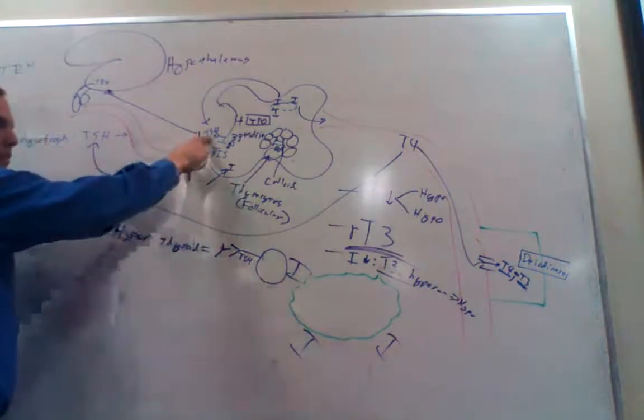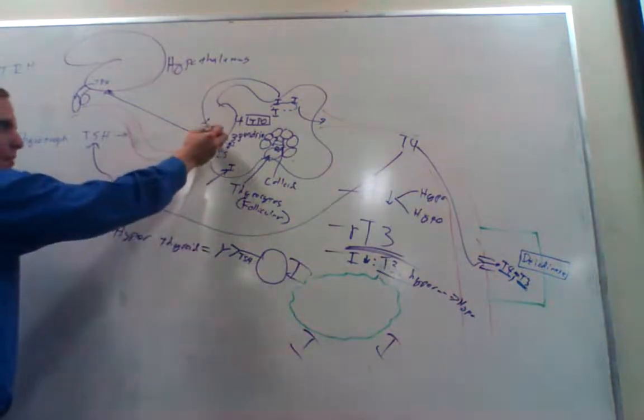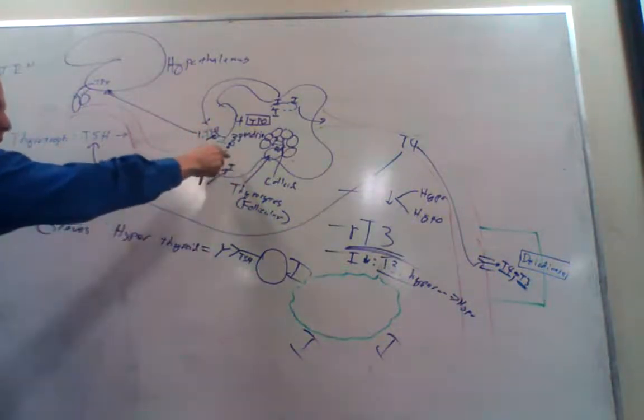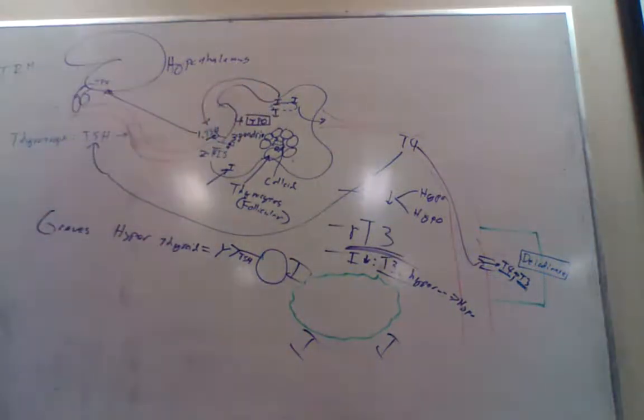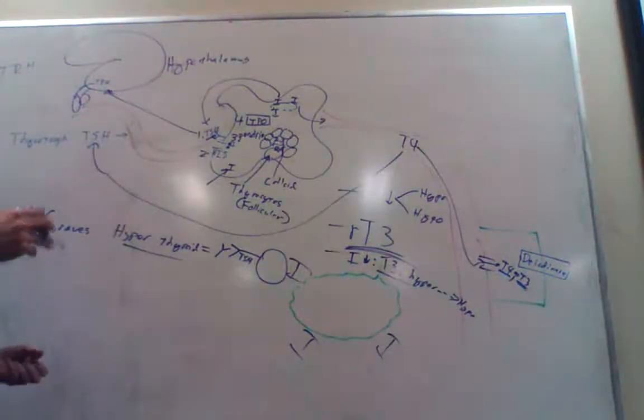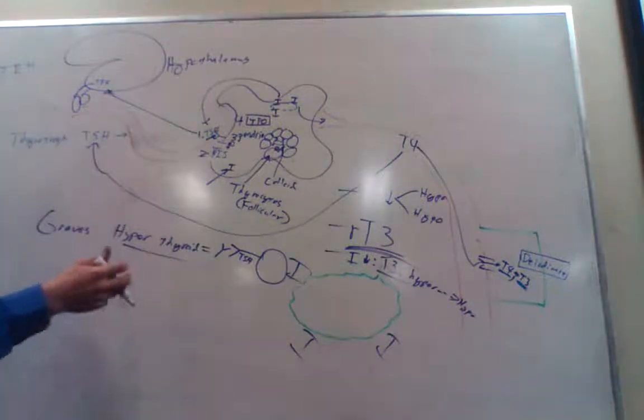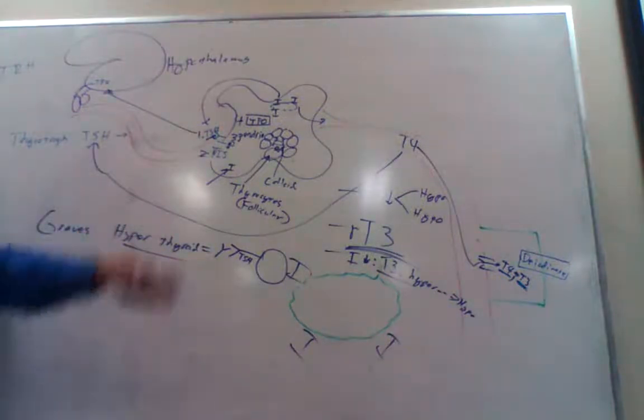So this thing right here, if you have an antibody always turning it on, you're always letting iodine in, and you're always making thyroid hormone. And that leads to hyperthyroid. Graves is the one where you have bulging eyes, and you are hyperthyroid. Your metabolism is through the roof.